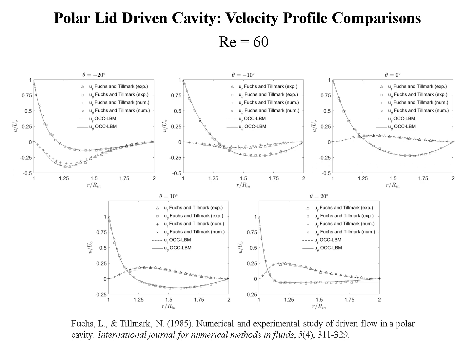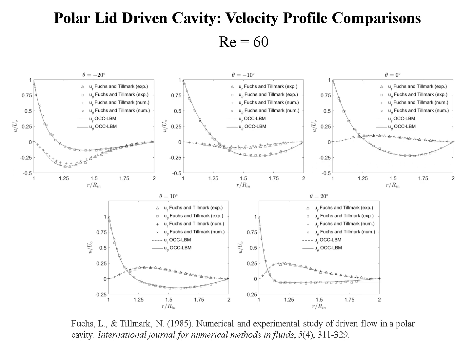On the other hand, to get a more quantitative comparison, we look at the radial and angular velocity profiles along different angles in the radial direction, and we compare to the experimental results and numerical results by the same comparison case, and we find that our results match very nicely with theirs.